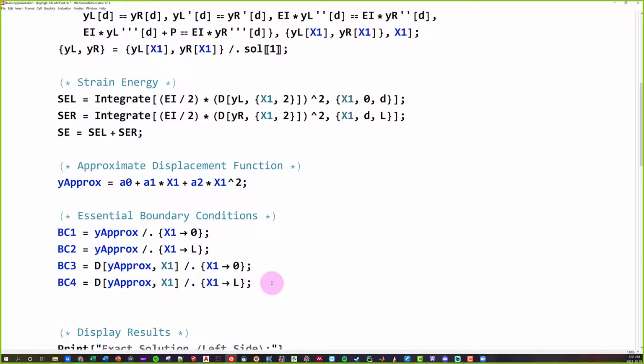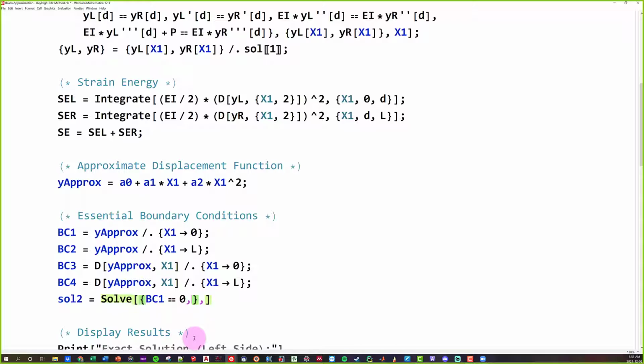The answer is yes. So I'm going to use the solve function. It's not dsolve, it's just solve because we don't have a differential equation. And it takes in 2 arguments. The first one is what are our equations? And the second one is what are the unknowns? So I'm going to put squiggle brackets because we have multiple equations. Boundary condition 1, which is the displacement.